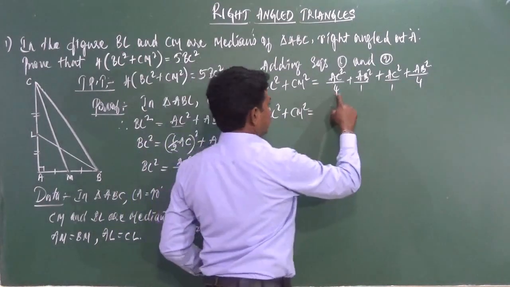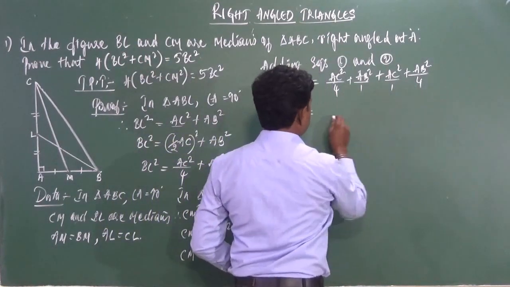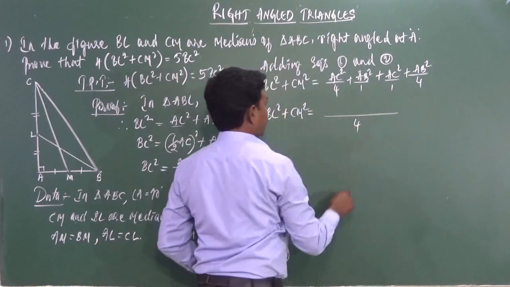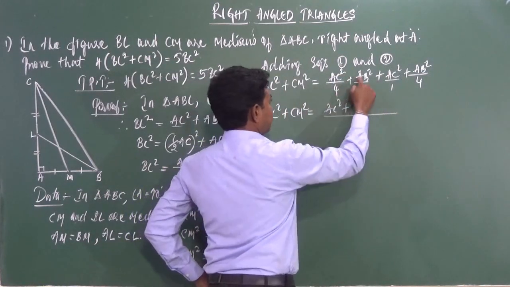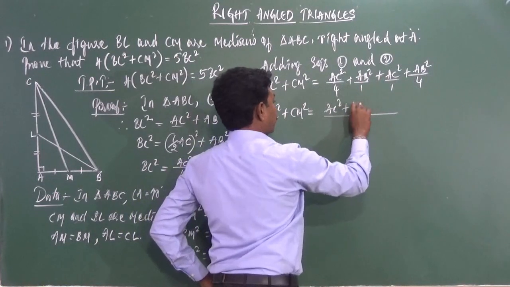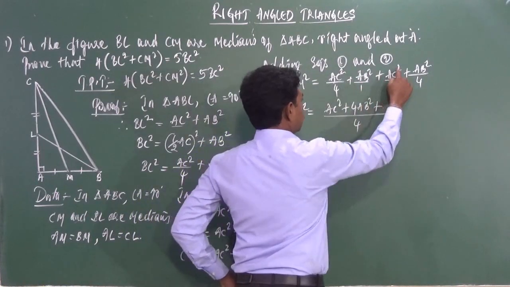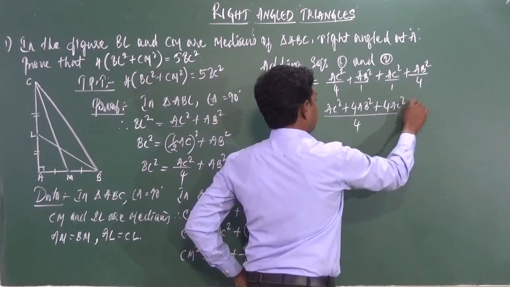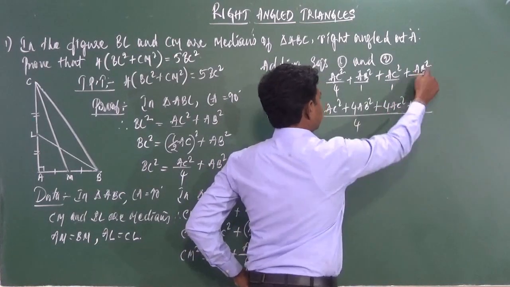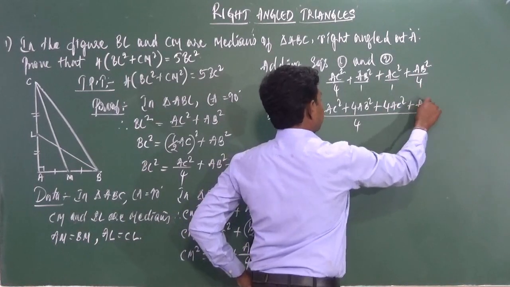So therefore take LCM for 4, 1, 1 and 4. LCM becomes 4. AC square by 4 into 4 is AC square plus AB square by 1 into 4 is 4AB square plus AC square by 1 into 4 is 4AC square plus AB square by 4 into 4 is AB square.